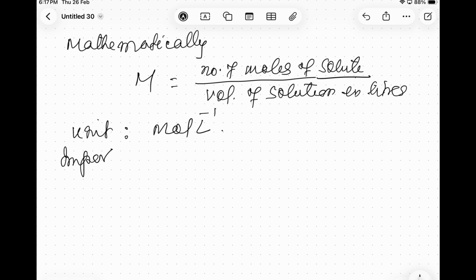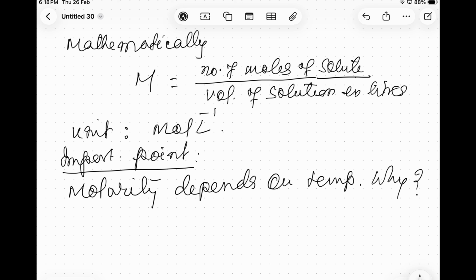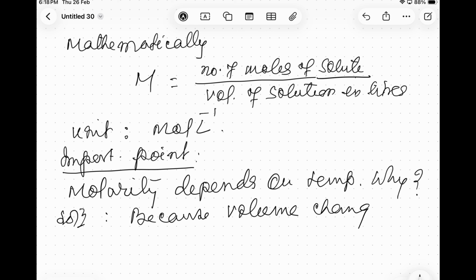Why? Because volume changes with temperature.